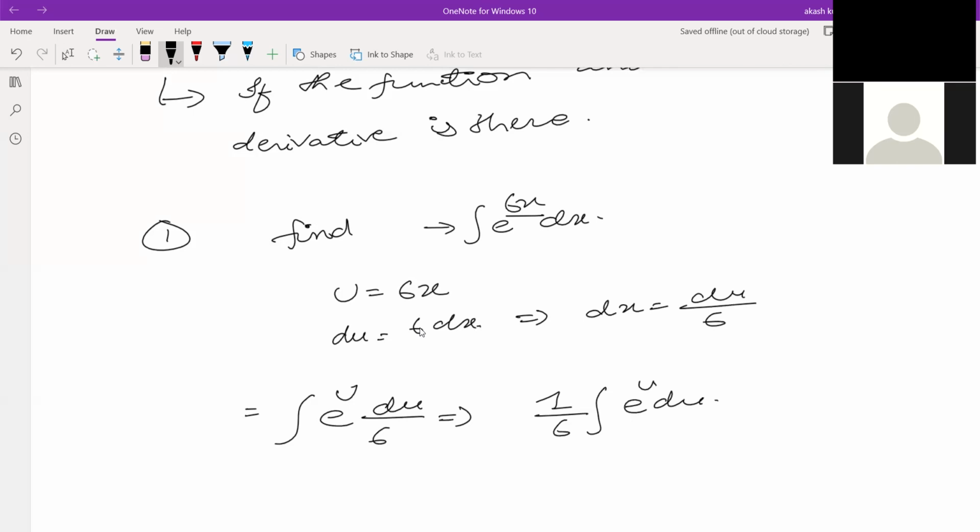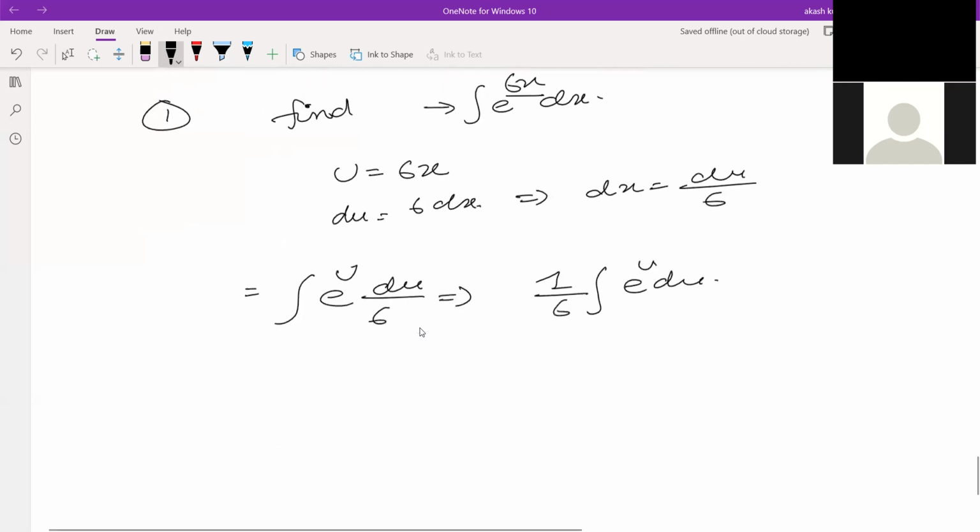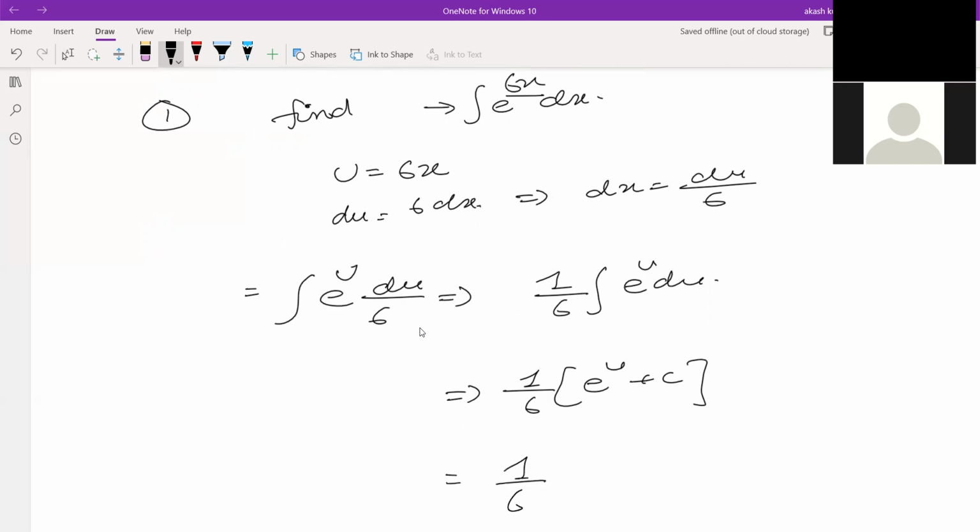Now it's easier to integrate because the integral of e^u is itself, e^u plus c. Is it clear? Yes. Then 1 over 6 e^u, and I have to substitute back u, which was 6x, plus c. That is the answer.